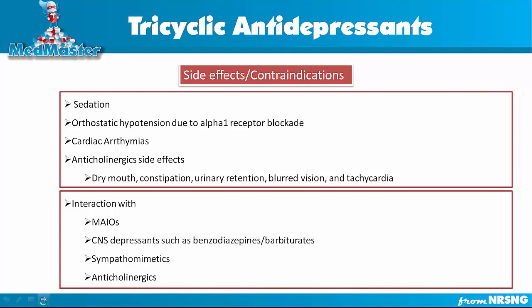All right, so let's take a look at the side effects and contraindications. This medication will increase the level of norepinephrine and serotonin in the brain. However, it will also increase the effect of norepinephrine and serotonin in the rest of the body as well. I mean, it's not specific.